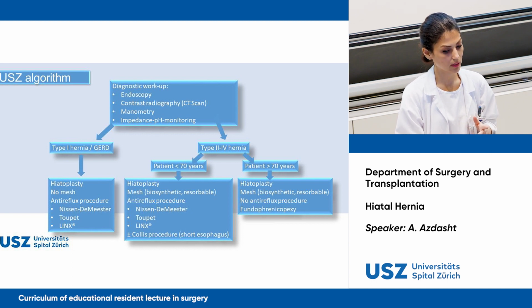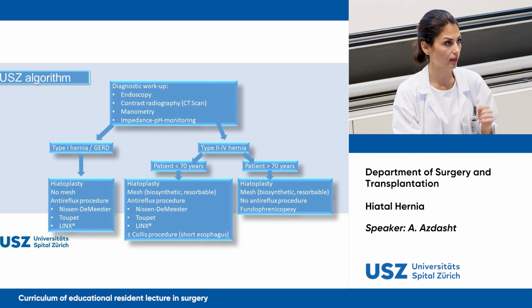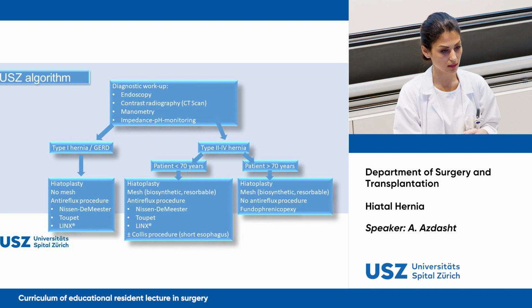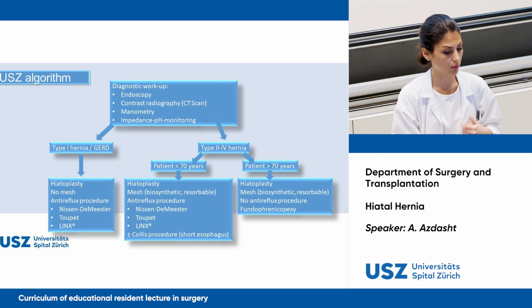We do a mesh augmentation with resorbable meshes, and also do an anti-reflux procedure. And if needed, we do the collisplasty to elongate the shortened esophagus. And for patients who are older than 70 years, we do not do an anti-reflux surgery, but we go for fundophrenicopexy.